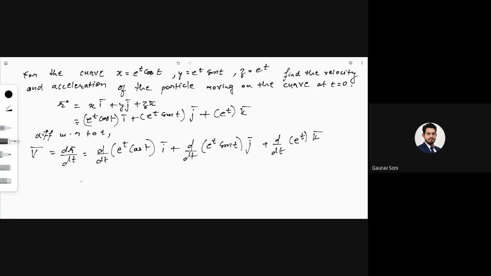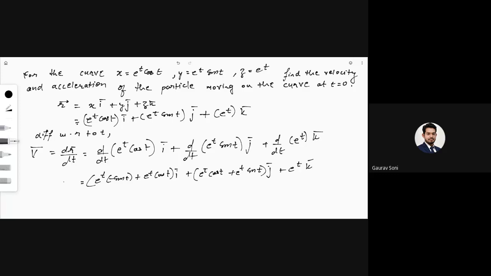So the derivative of e to the power t cos t, use the product rule: e to the power t times the derivative of cos t, which is minus sin t, plus e to the power t cos t, i, plus in bracket e to the power t cos t plus e to the power t sin t, j, plus e to the power t k.